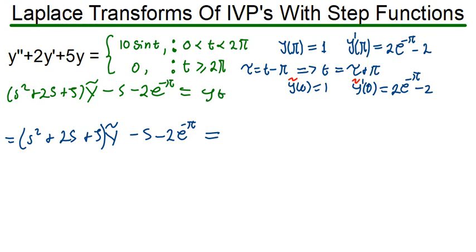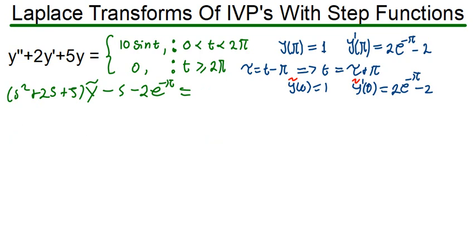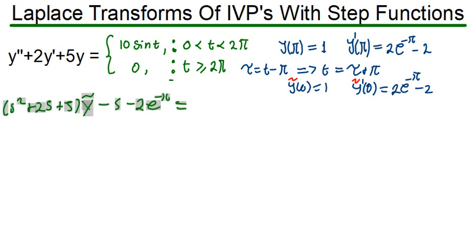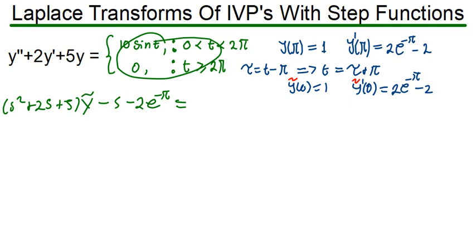That is going to be my unit step, the Laplace transform of the unit step function. But let me bring this a little bit down like that. Okay, so let me write this as a step function.